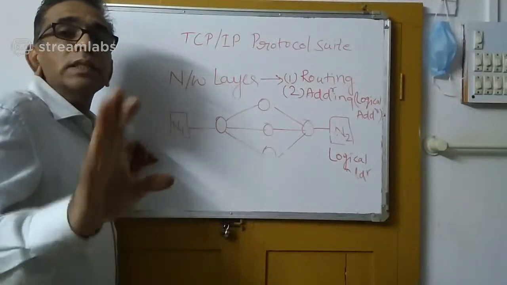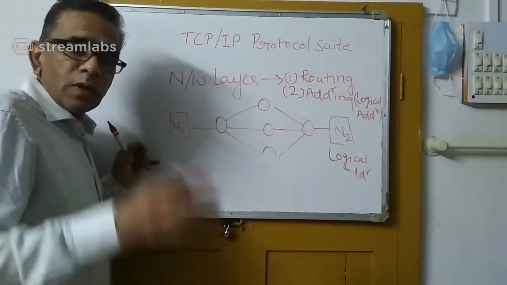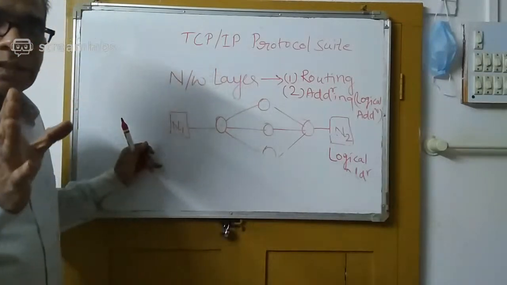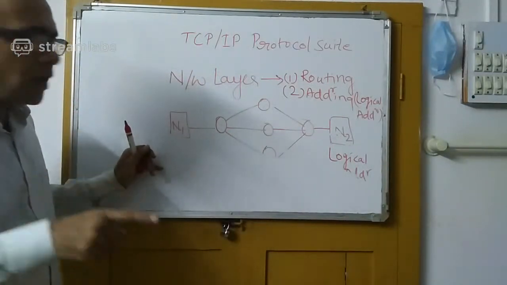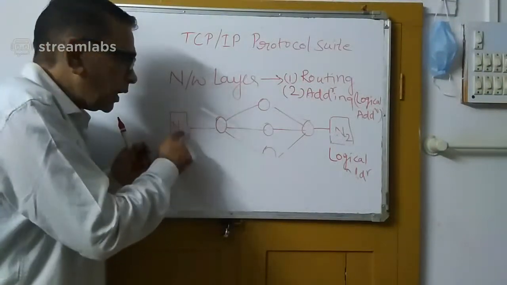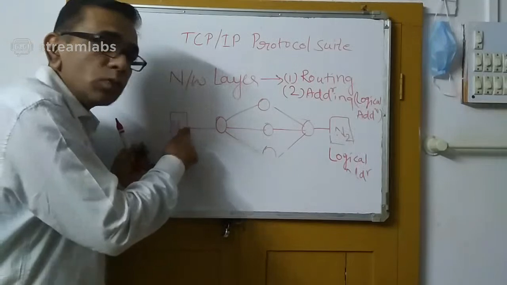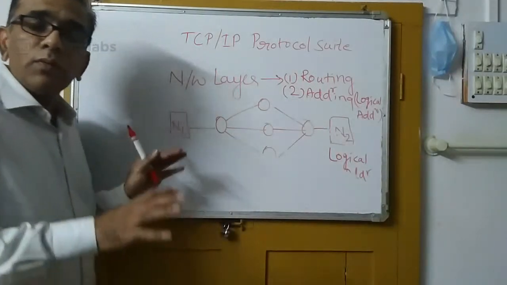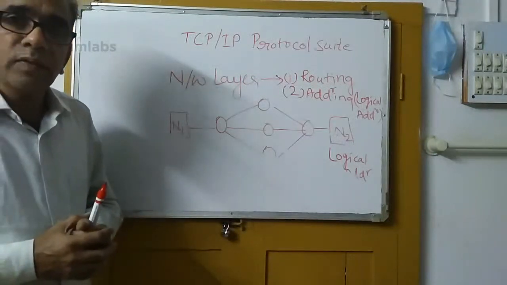But still the task is not accomplished. Look at the way in which we are dividing the tasks. In the link layer we talked of hopping from one end of a link to the other. In the network layer we are talking of hopping from this node to this node. Fine. Still we have not yet accomplished the task.